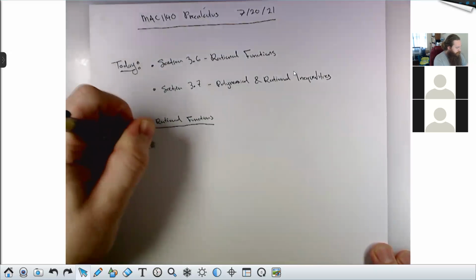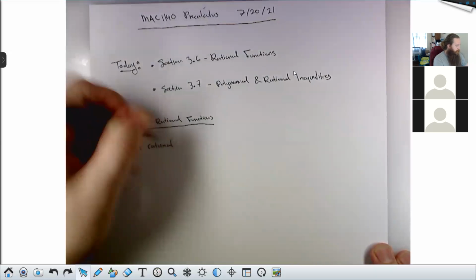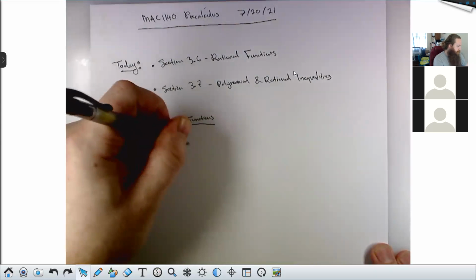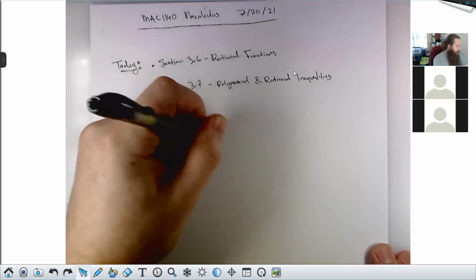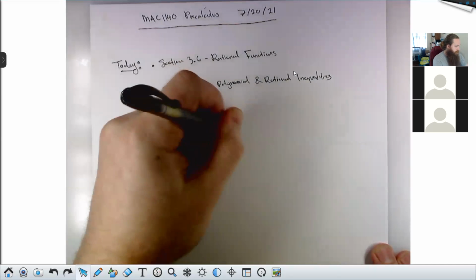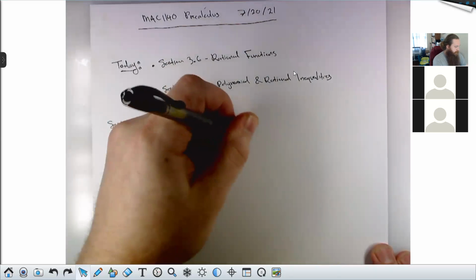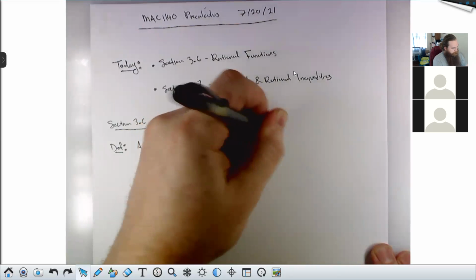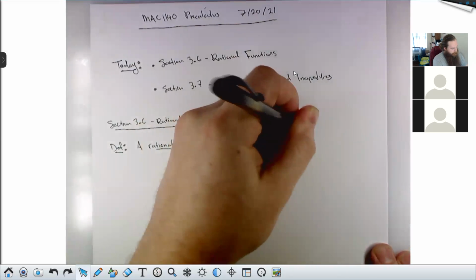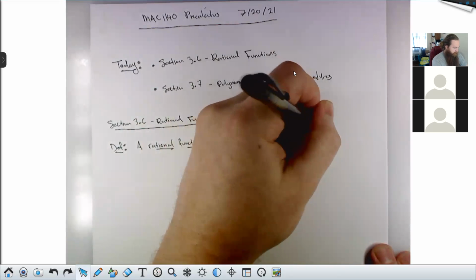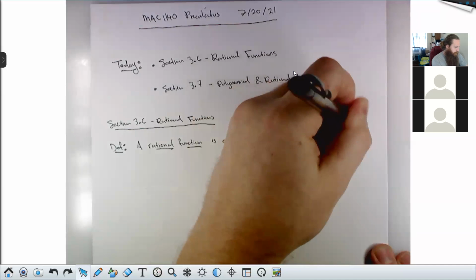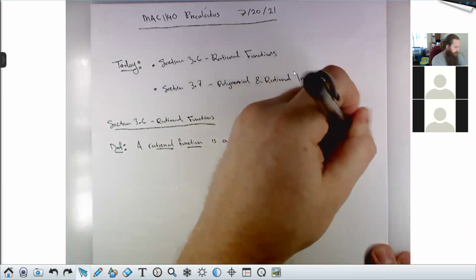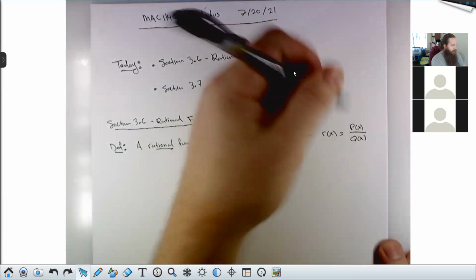A rational function is a function of the form, I'll call it r of x, your book uses little r, equals p of x over q of x.